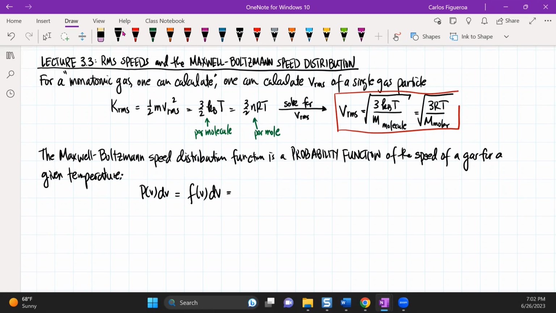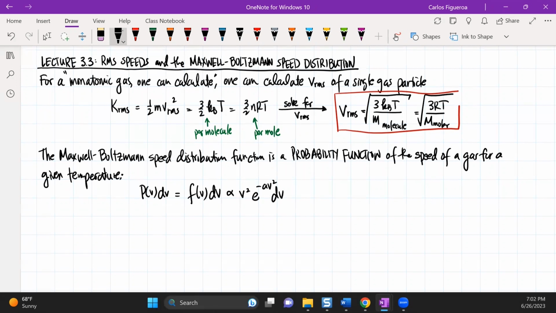Do I really need to talk about the details? Not really. I could have written the whole thing, but it really comes down to this: it's proportional to V squared times e to the minus a V squared, dV. That's the probability function.